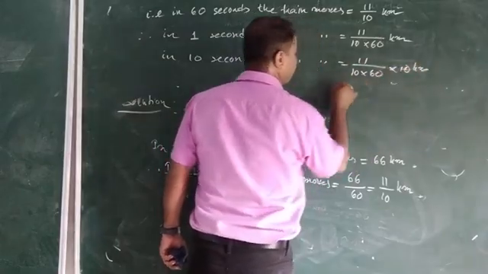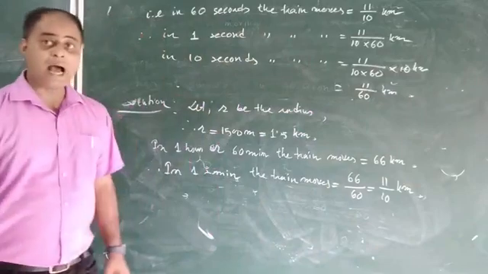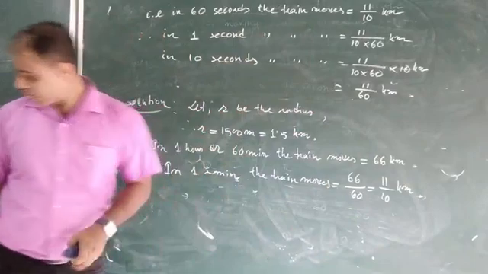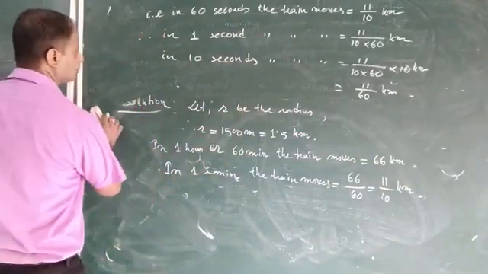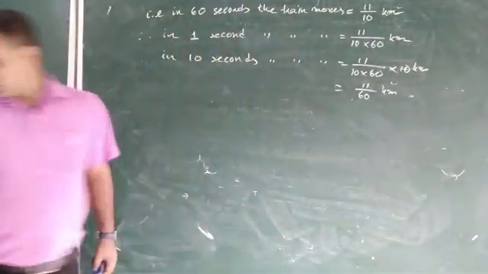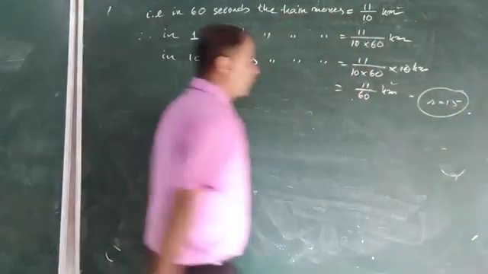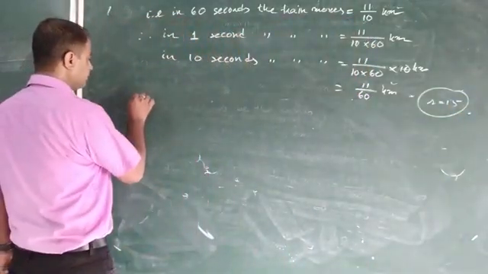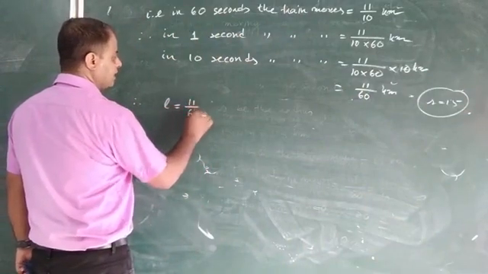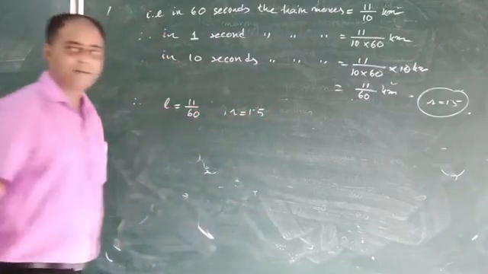That means 10 cancel, 11 by 60 kilometer, which is the arc length, which is taken as L. So we have r equal to 1.5, right? Therefore L equal to 11 by 60, r equal to 1.5.